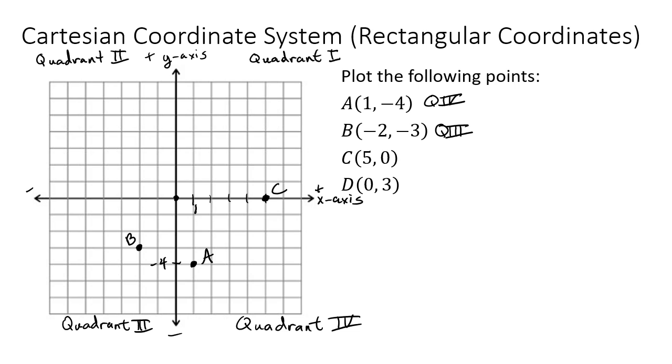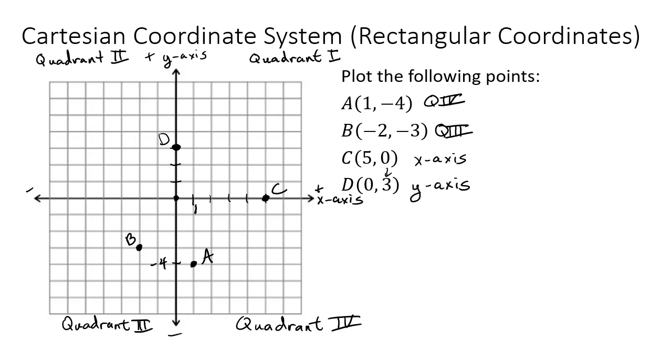We would say that C is just on the x-axis. And then similarly for D, the 0 first says go 0 left or right. The 3 says go 3 up because it's positive. So point D would be here, and this point would then be on the y-axis.